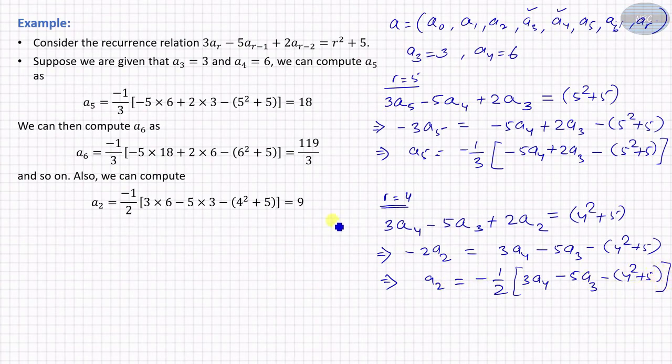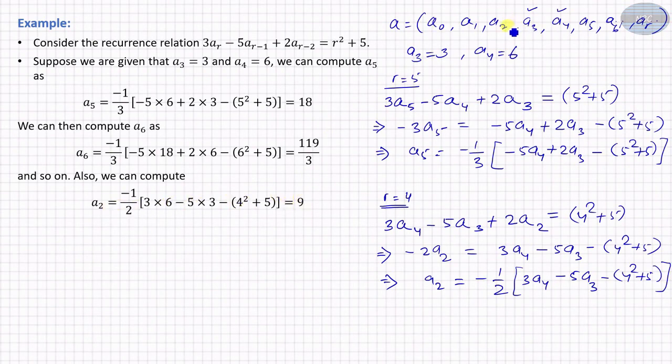Now in this step, write the value of a4 as 6, so we'll get 3 into 6 here. Then write the value of a3, that is 3, so 5 into 3, and the rest are the same. So we'll get a2 is equal to 9.